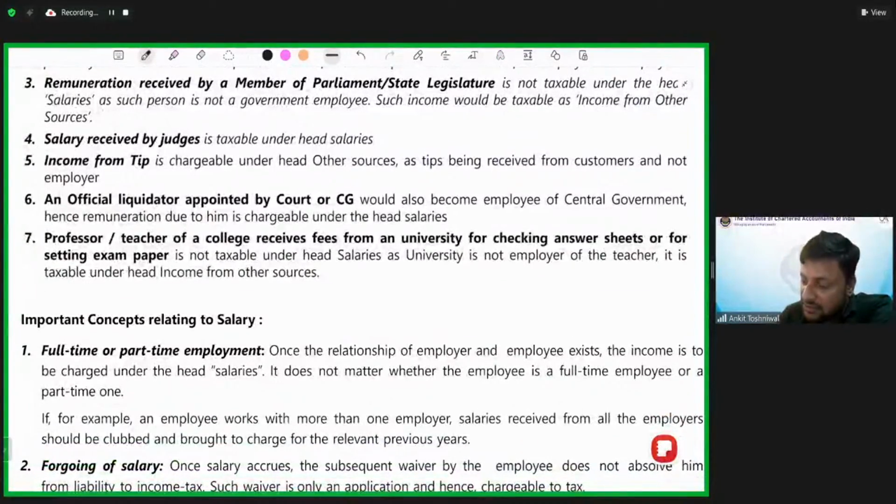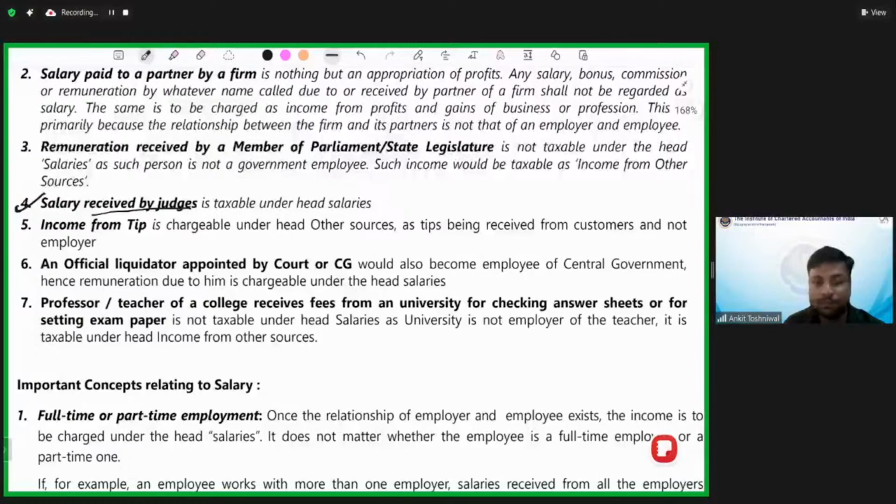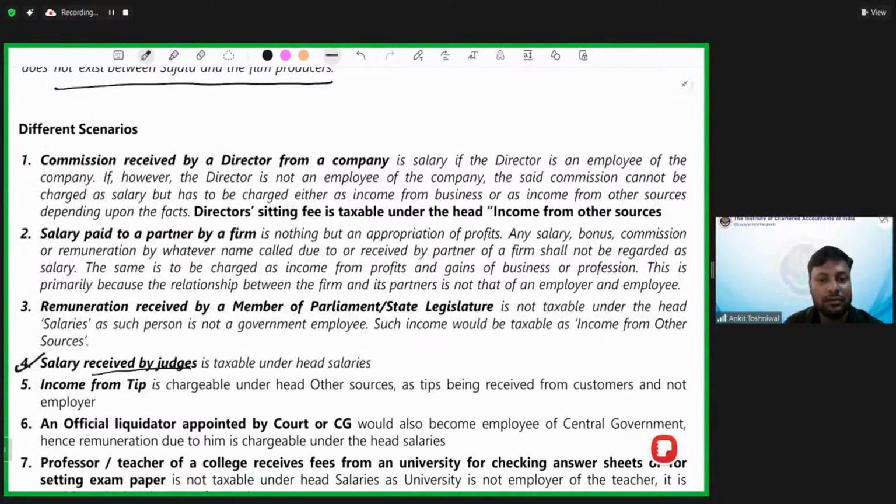My next point is salary received by judges. Is it taxable under the head salary? If yes, why? Who is the employer?